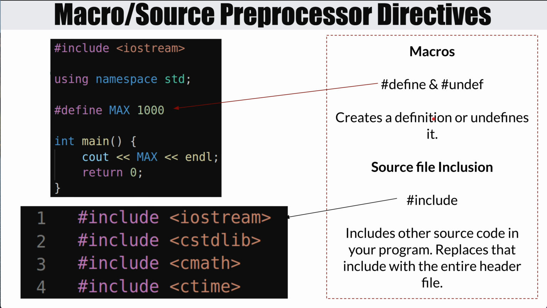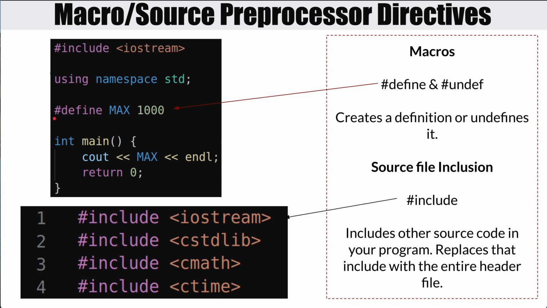So the first big addition is what's called macros, which are our define and undef directives, okay? And then we also, of course, have our source file inclusion, which you have already done a ton of times, as you can see here, okay? But define is really kind of simple. It creates a definition, and undef will undefine that definition. And now look at how you do this.